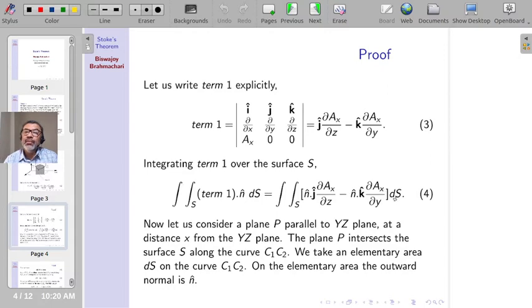Now over the curve C1, C2, I will try to find a relation between n dot j and n dot k. Let us consider that plane P which is parallel to the YZ plane at a distance x from the YZ plane. The plane P intersects the surface S along the curve C1, C2. We take an elementary area dS on the curve C1, C2, and on the elementary area the outward normal is n.